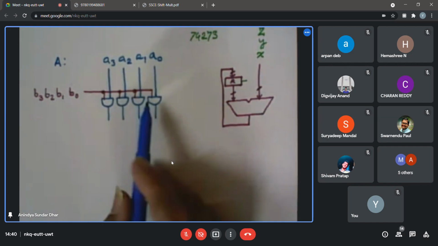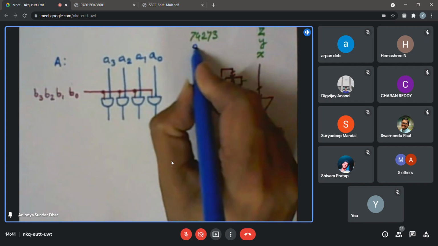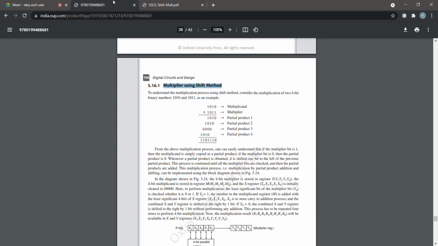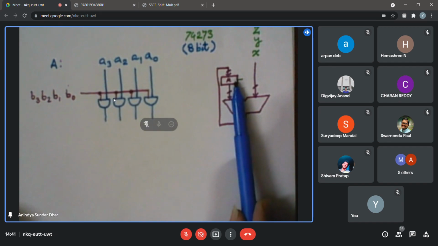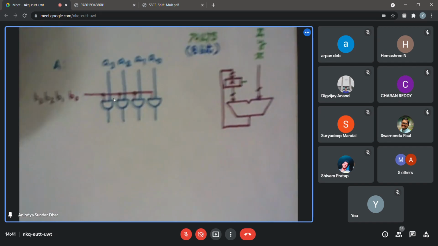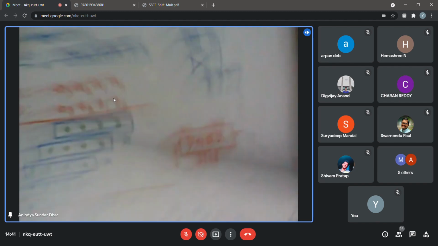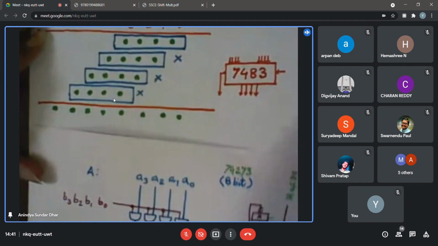So now suppose I plan to use a 273. 273 is an 8-bit register with clear or master reset. For storing the final result, can I use that one? Because if I require it for accumulation, it has to hold the complete result, right?